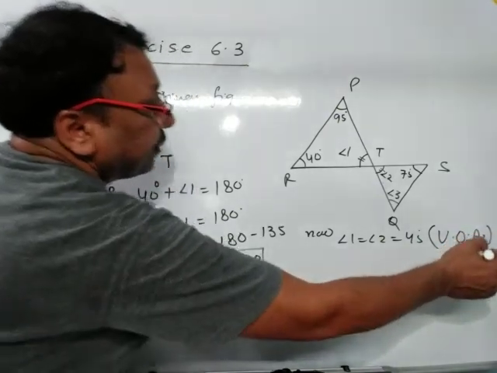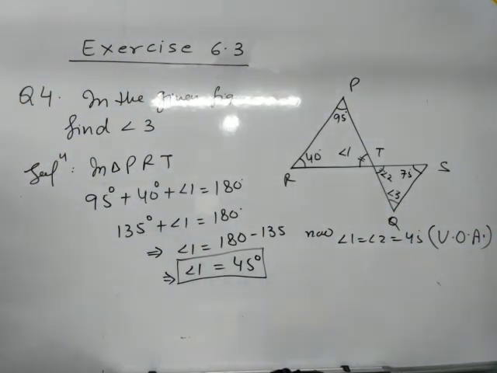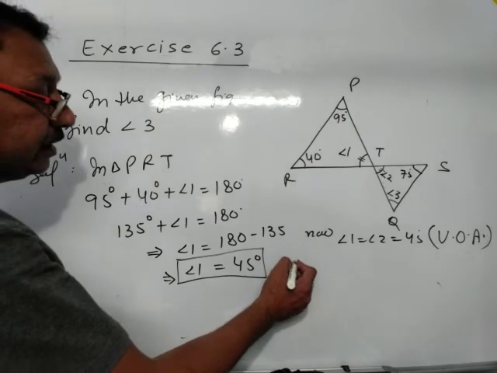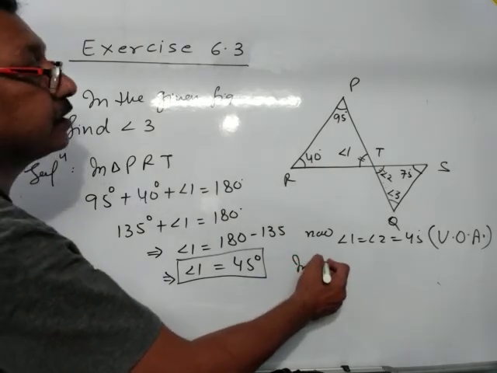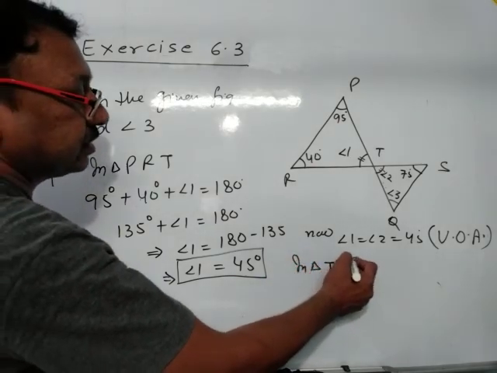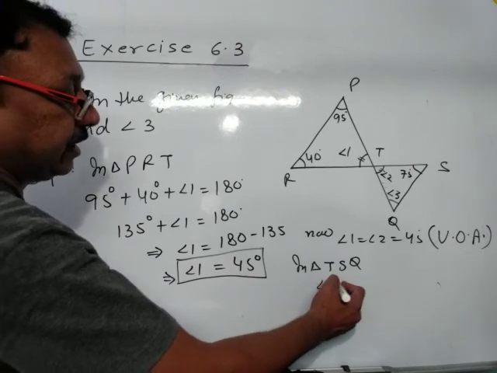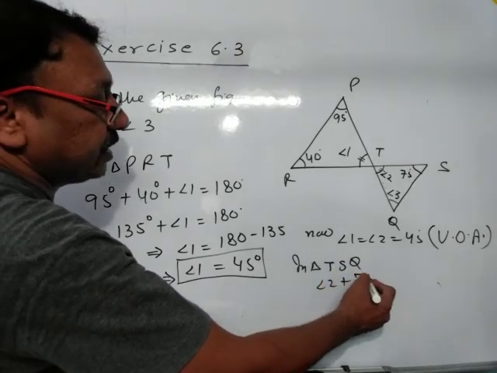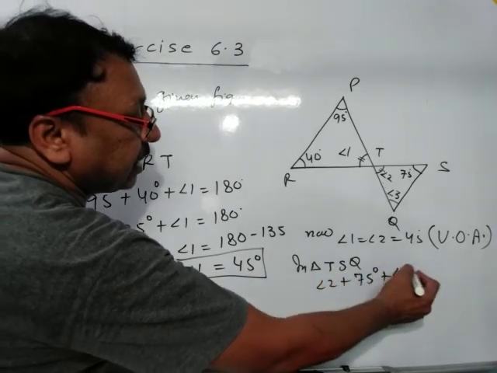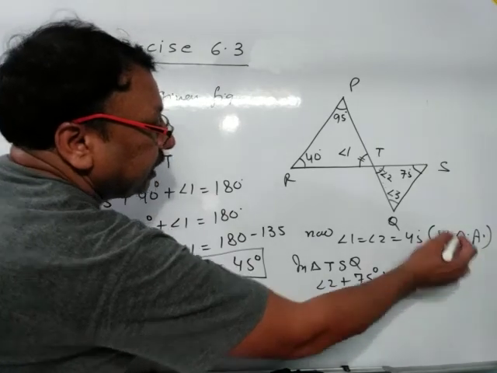VOA. What is VOA? Vertically opposite angles are equal. Now in triangle TSQ, angle 2 plus 75 degrees plus angle 3 is equal to 180.